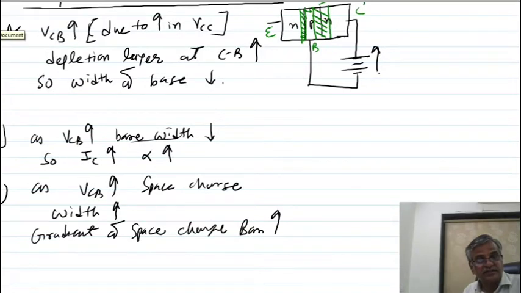As a result, the current due to minority charge carriers across the emitter junction increases. As collector base voltage increases, space charge width increases, so the gradient of space charge in the base increases, and the width of the base decreases. So the current due to minority charge carriers across the emitter junction increases.